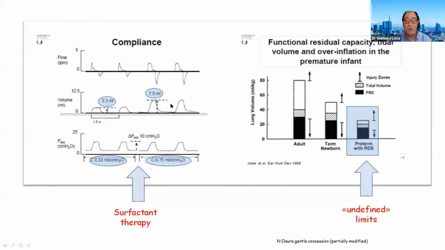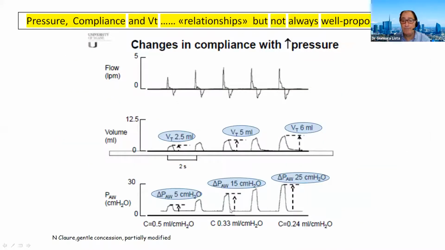And this is very important to control, especially in preterm infants, because in preterm infants, the limits between the functional residual capacity, the tidal volume, and the injury zone are very undefined. So there is a very high risk that the change in compliance generates a very high tidal volume that can induce volutrauma.